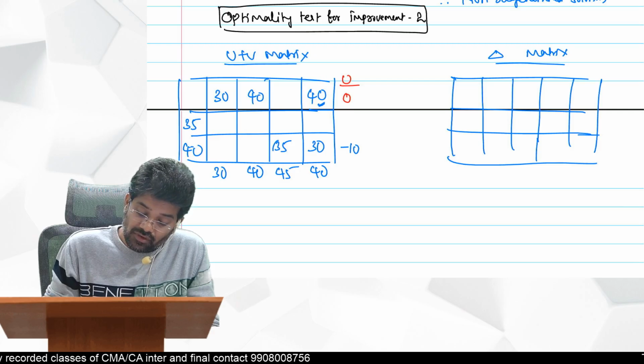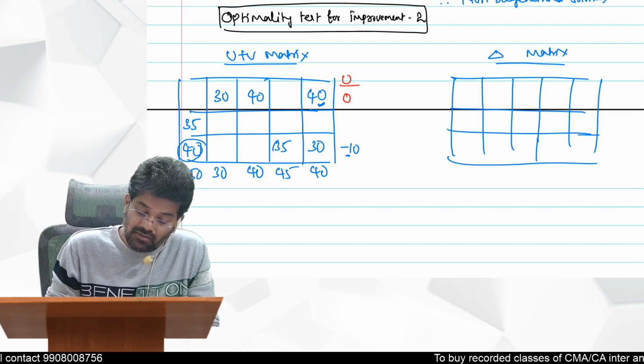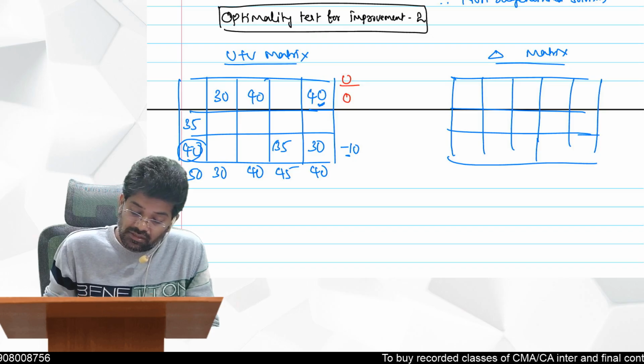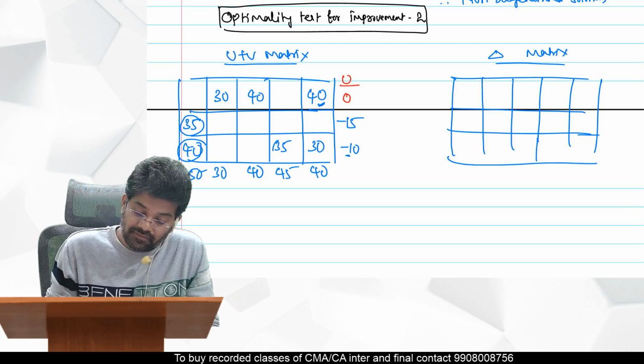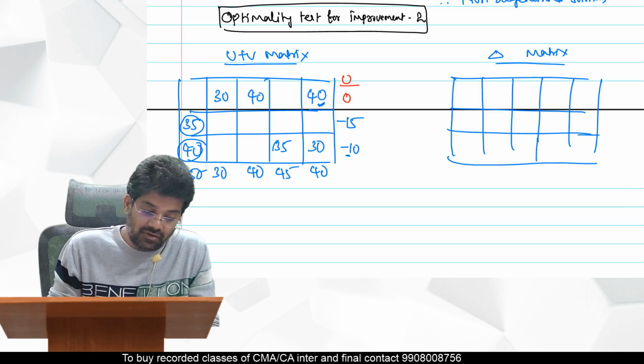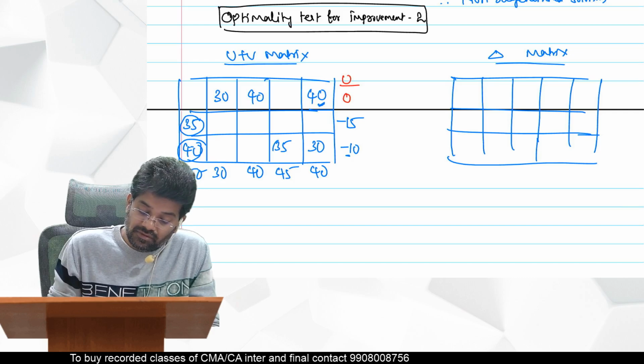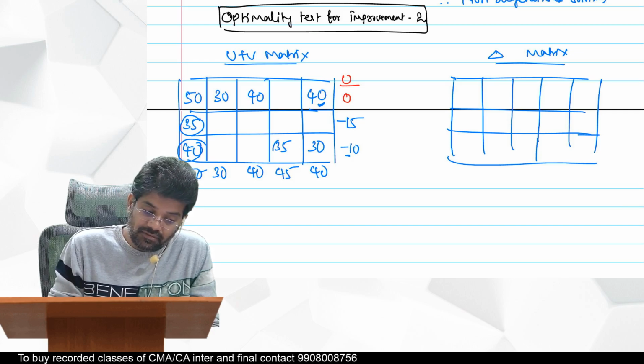All values we got. This one we should get 40, the cost inside minus 10, but how much should be here? 50 minus 10, then it will become 40. Yes. I got 50 here. The cost inside is 35, so minus 15. 50 minus 15 is equal to 35. So yes, all values I got now. Now 50 plus 0, this will be 50.